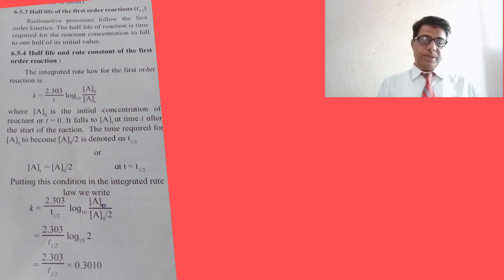Now we have to put these values of A_T and T in the above equation, that is k is equal to 2.303 upon T log to the base 10 A0 by A_T.